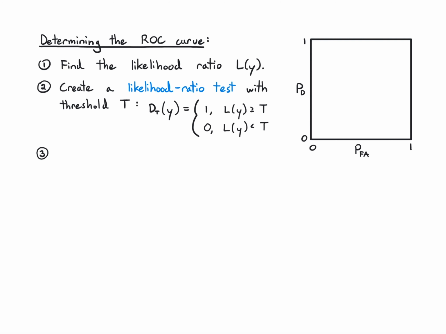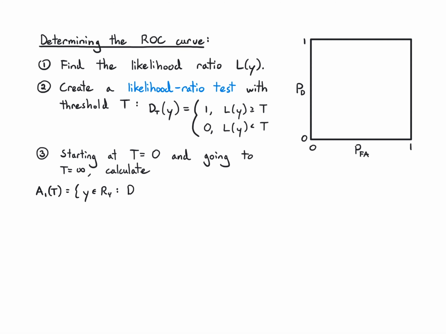Okay, and then what I'm going to do is now I'm going to vary t. So I'm going to start at t equals 0, and I'm going to go all the way up to t equals infinity. And I'm going to calculate the decision region for 1, so this area where I'm deciding 1 using this likelihood ratio test with threshold t. So I'm going to have that decision region.